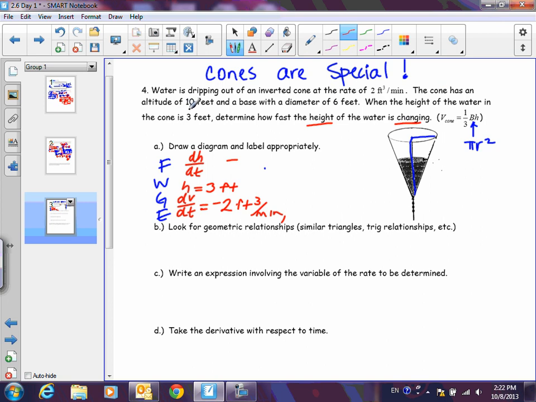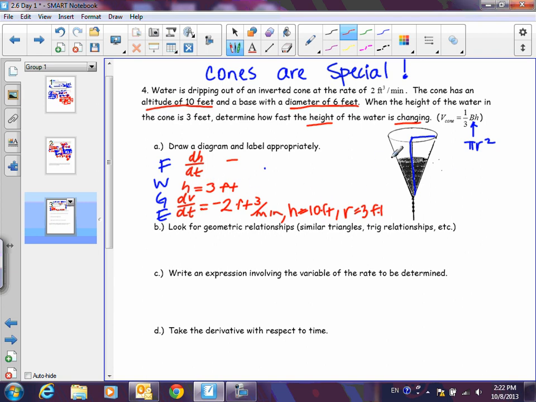All right. Also, it says the cone has an altitude, that's the same as height, of 10 feet and a base diameter of 6 feet. Can we write that any better? R is 3 feet. Now, here's something interesting, and we're going to talk more about this tomorrow. I just said that H is 3 feet. You have 2 different things going on here.